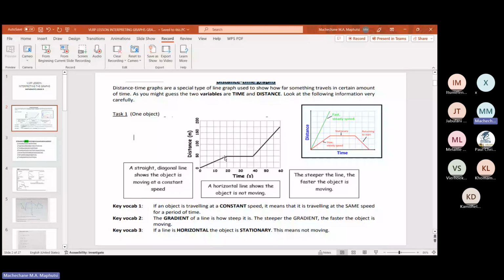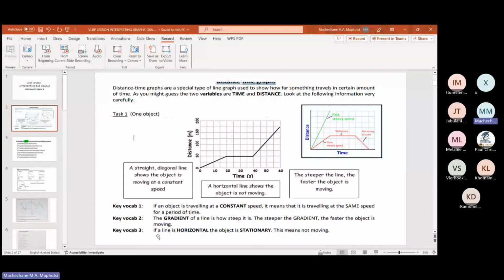We have a gradient from 0 to 20, we still have a gradient from 20 to 40, and we still have a gradient from 40 to 60. But usually from 20 to 40, we'll say the gradient there is 0 because the object is not moving. It is stationary. But when you look at 0 to 20, the gradient there won't be the same as the gradient there.